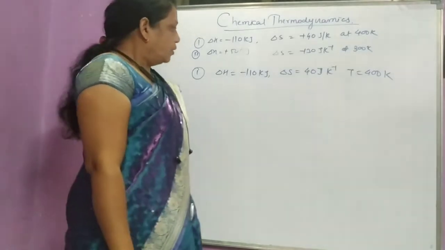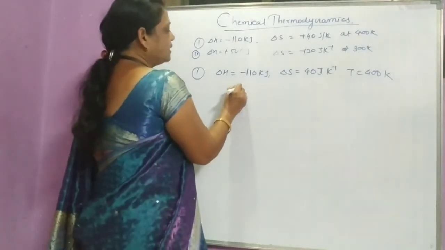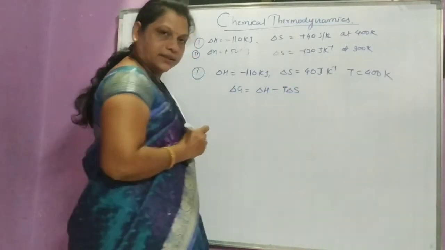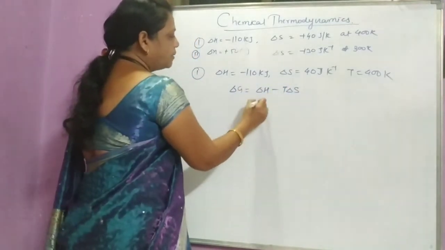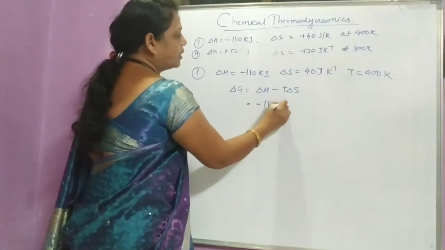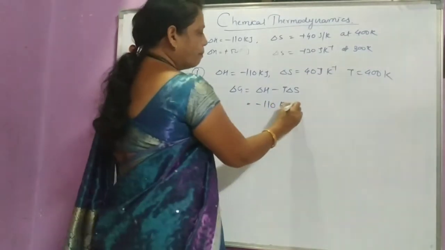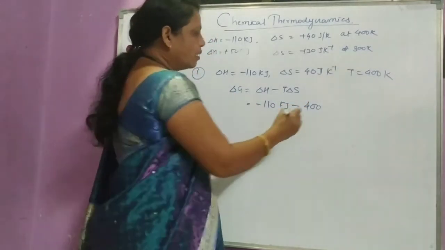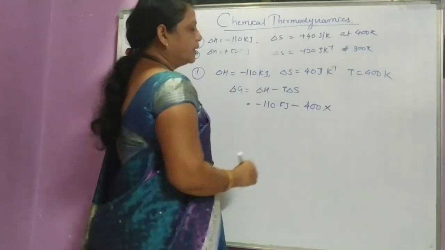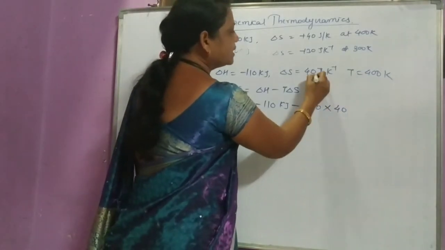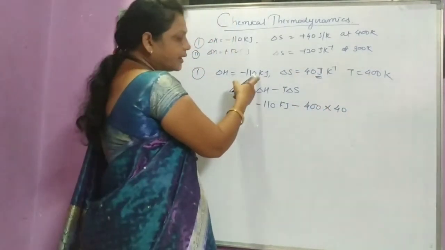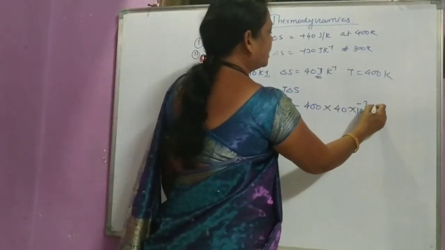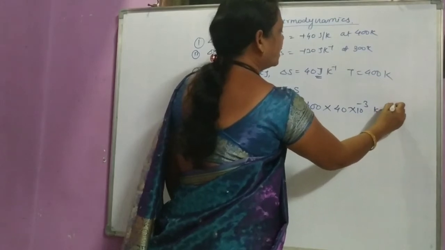Here del G is equal to del H minus T delta S. Del H is minus 110 kilojoule minus 400 Kelvin multiplied by 40 joule per Kelvin, which is 40 into 10 to the power minus 3 kilojoule per Kelvin.